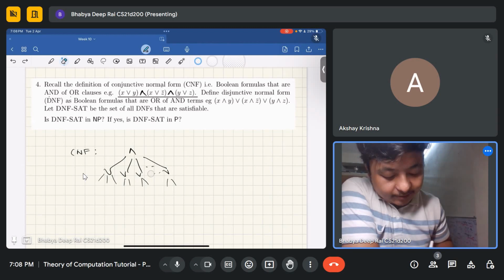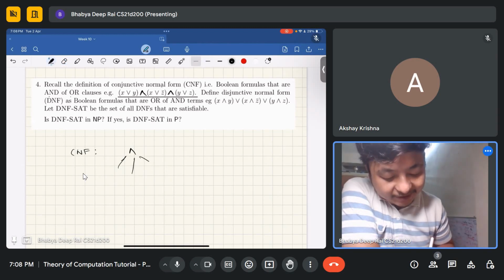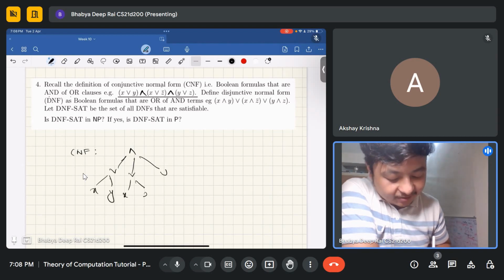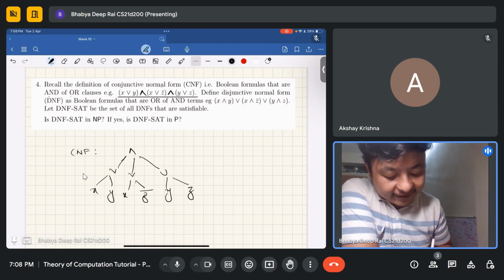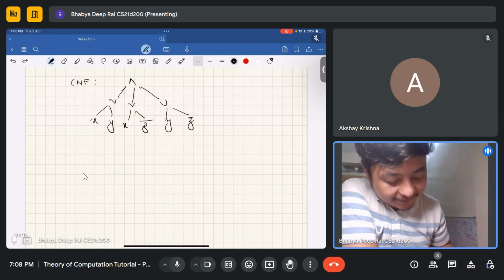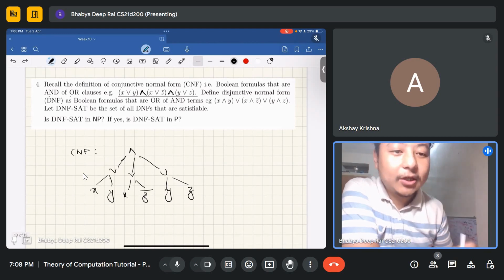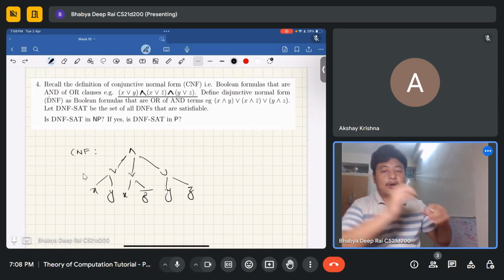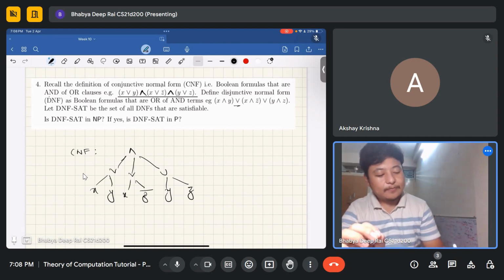So this expression can be seen as x or y, x or z complement, and y or z. After finding this, it will be fed to the top AND gate, and we have the same expression. What is a DNF? A DNF is the opposite, disjunctive normal form. Top gate is the OR gate, and the bottom gates are the AND gates.